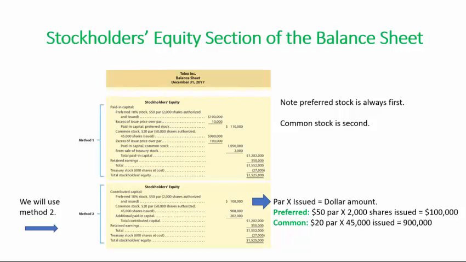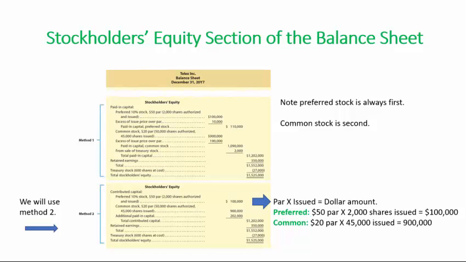And then there is the excess issue price over par, so that 10,000 represents the amount paid in excess of the $50 par. Then the common stock has a $20 par value. 50,000 shares authorized, only 45,000 shares are issued. And there is the $190 excess of issue price over par for paid-in capital in excess of par.